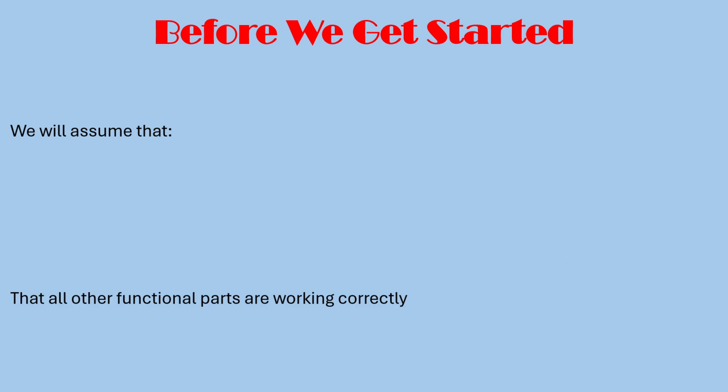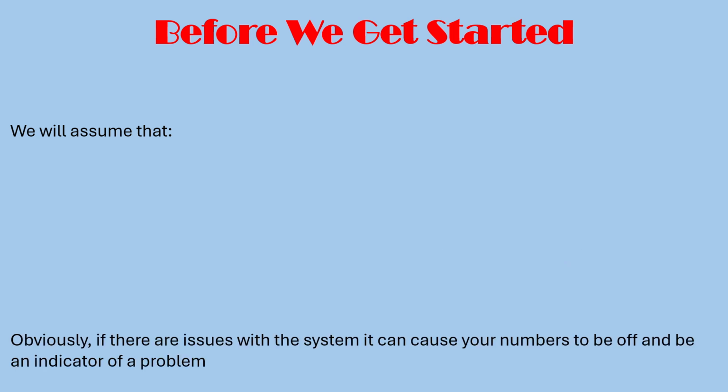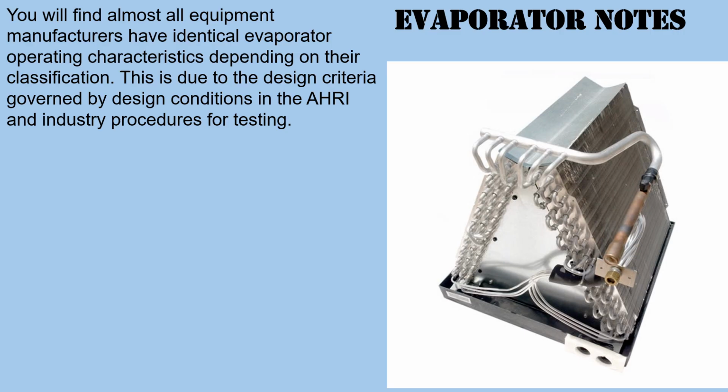That all other functional parts are working correctly. Obviously, if there are issues with the system, it can cause your numbers to be off and be an indicator of a problem. You will find almost all equipment manufacturers have identical evaporator operating characteristics depending on their classification. This is due to the design criteria governed by design conditions in the AHRI and industry procedures for testing.